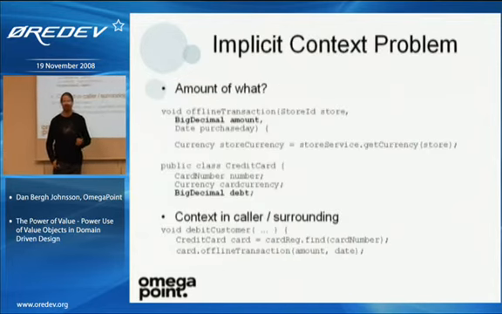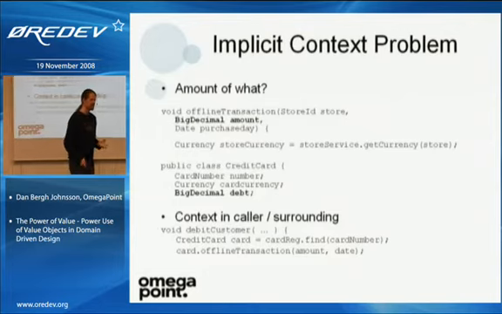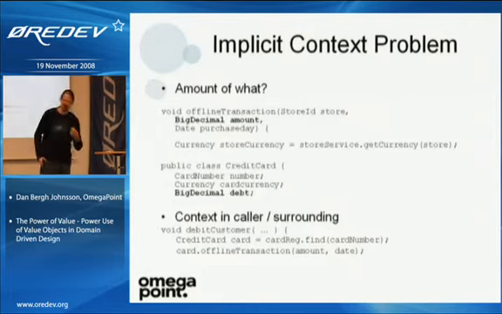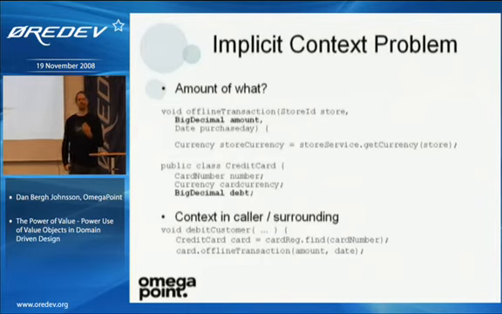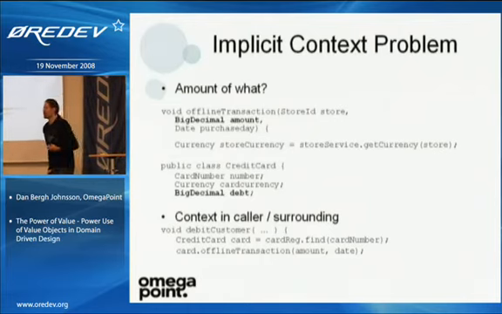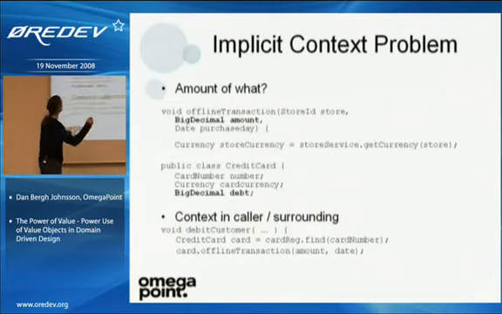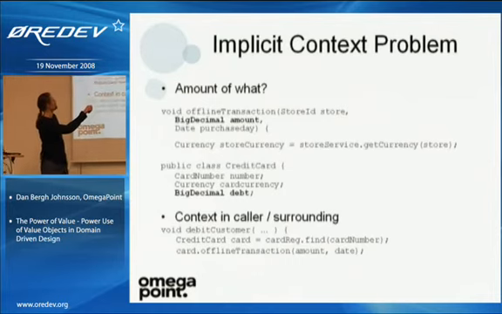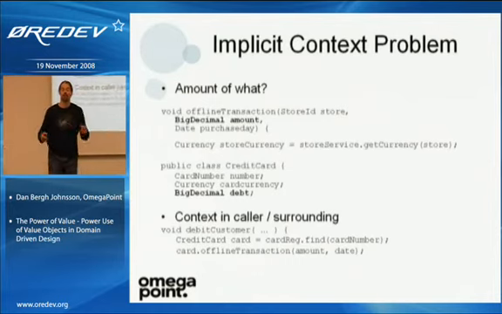So, the next problem in this design is that we have implicit contexts. For example, in the offline transaction, we're sending in an amount. An amount of what?